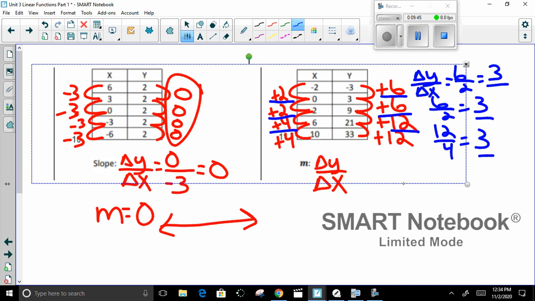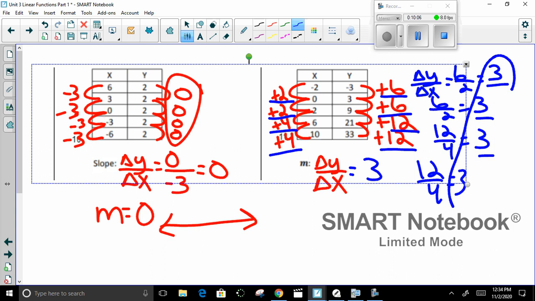Even though they weren't the same number, it still worked out. The last change in y over change in x is 12 divided by 4, which again equals 3. So sometimes they can be adding different numbers, but it can still work out if I check every change in y over change in x. It all turned out to 3. So my slope is the same. So be very cautious of that.